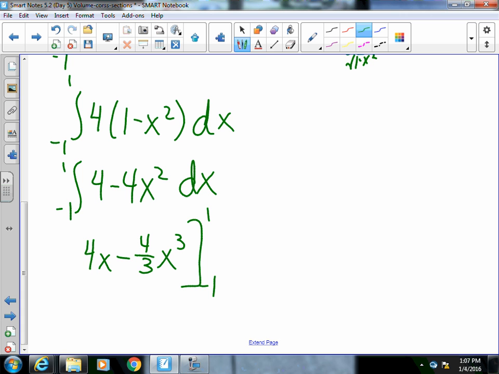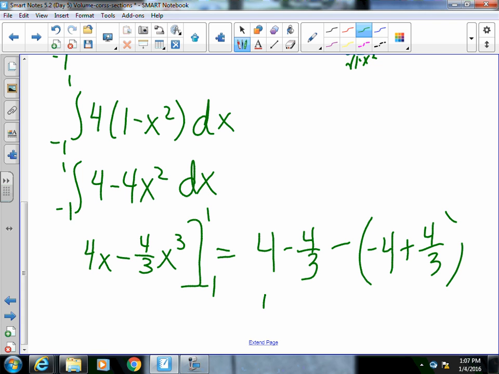And if we plug in the 1, we get 4 minus 4/3. If we plug in the -1, we get -4 plus 4/3. So 4 minus 4/3 plus 4 minus 4/3.